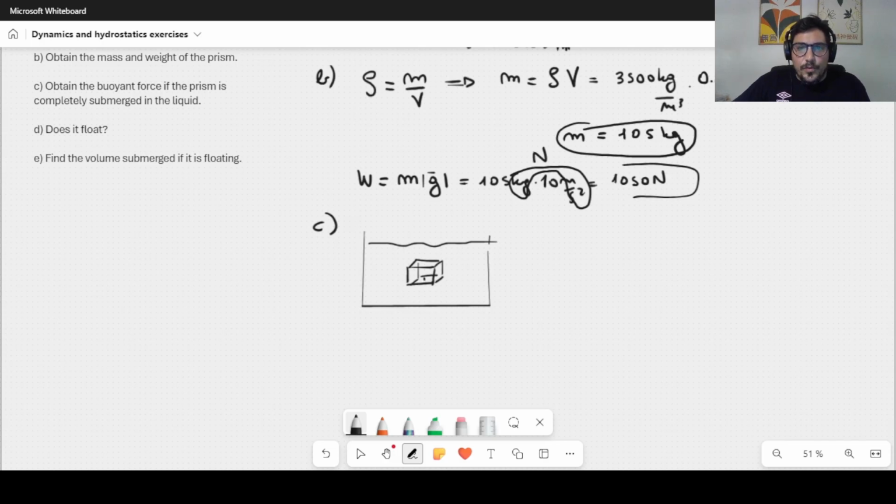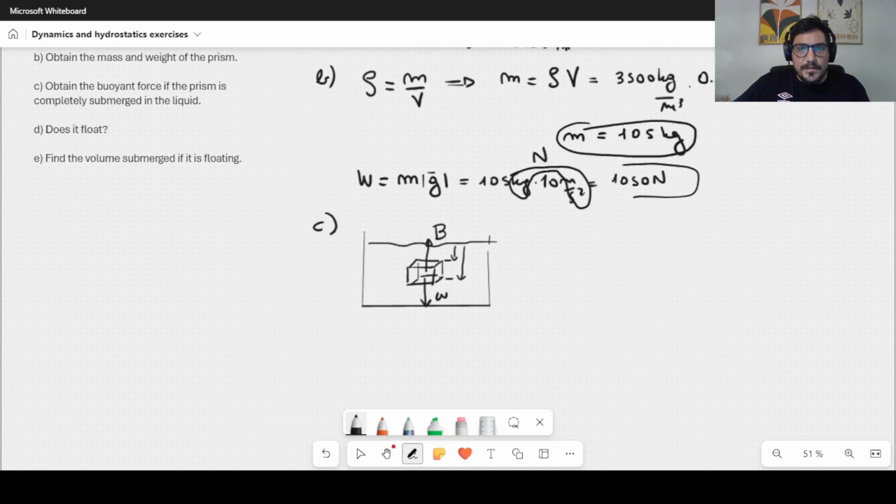But we know that it has a weight due to gravity, and when we have an object under the level, or completely submerged, or even if it is floating, it also has an upwards force that we call buoyant force, because of the difference in pressure between, for example, the base of the object and the top of the object. Remember that if the depth from the free level is higher, the pressure is higher.